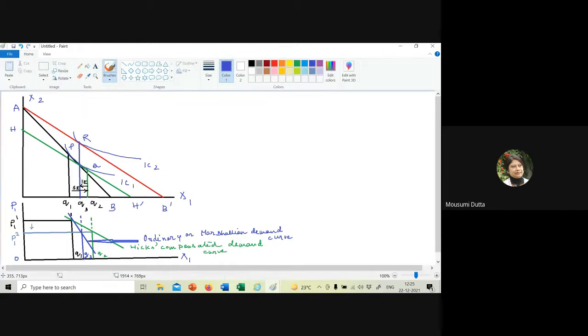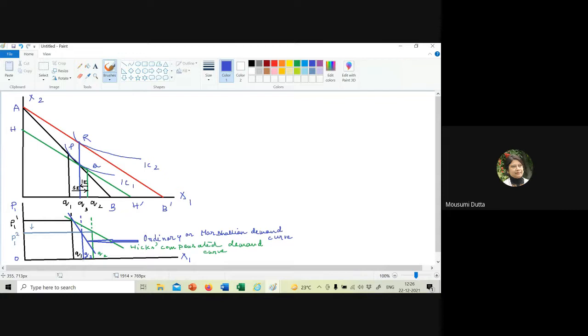The increase in demand is not as much as we got in case of a normal good, because in that case Q3 was to the right of Q2. However, if I compare with respect to the initial consumption, given by Q1, consumption is increasing a bit. The increase in consumption is lesser than that of the normal good. However, because of the reduction in price, finally there is some increase in demand for the commodity.